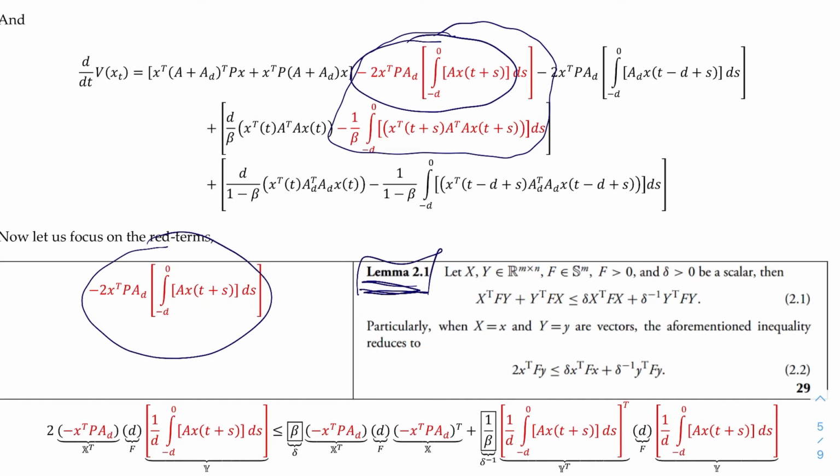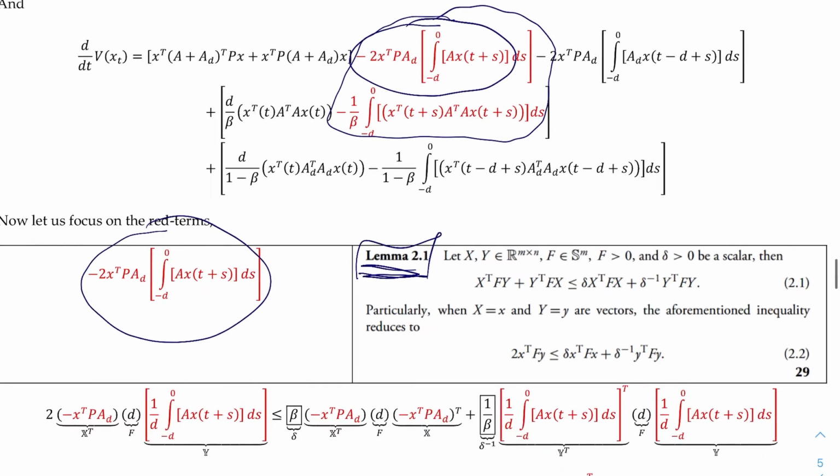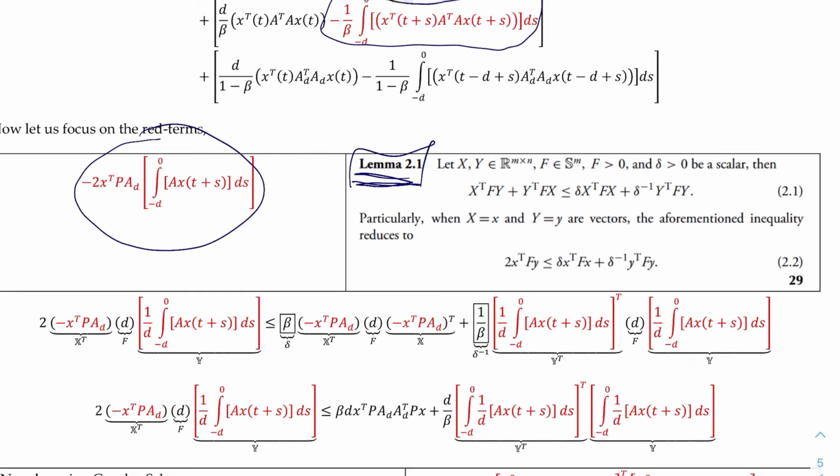It says from lemma 2.1, but it doesn't say it actually uses only lemma 2.1. Of course it used lemma 2.1, but it used a couple of lemmas and corollaries as well, right? And for some reason they like to omit those things and make students feel like they're not fit for the job, I guess.